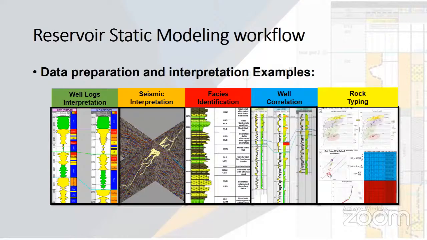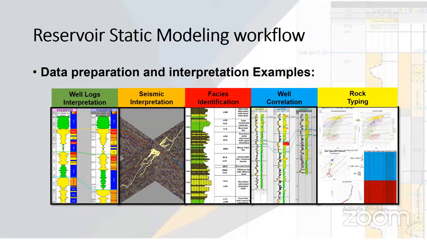Then you can also do the rock typing. With rock typing, you identify the relation between the porosity and permeability for certain intervals in the cored wells. Then you will populate those rock types into the uncored intervals and uncored wells. As you can see, now we are dealing with well data, just points.